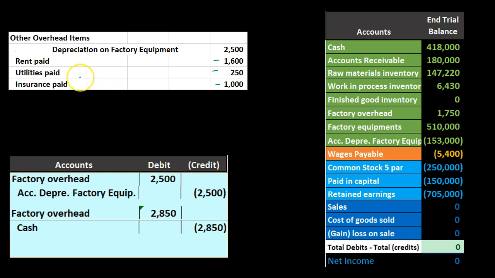So any utilities we pay on the administrative office, we'll expense them, because we use the administrative office in order to help us generate revenue. It's a period cost. Any utilities expense on the factory, however, is going to be part of the inventory, which we'll put into factory overhead. We're going to allocate finally to work in process. We'll finish that inventory, and then we'll sell it, expensing it in the form of cost of goods sold.